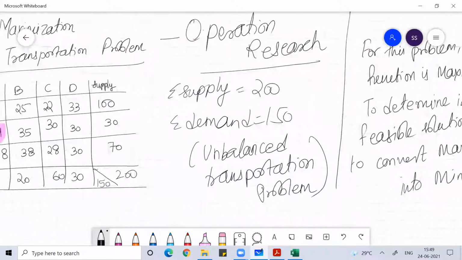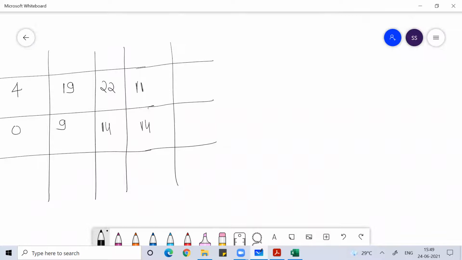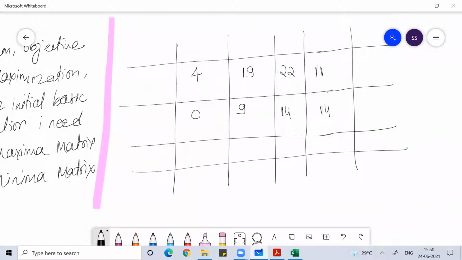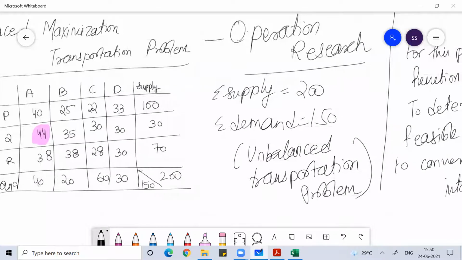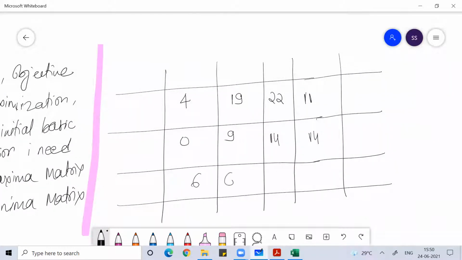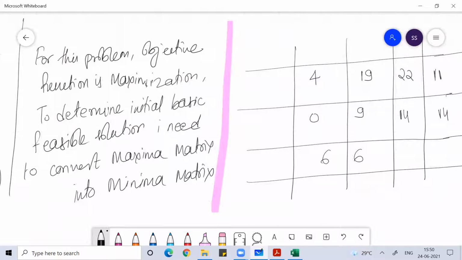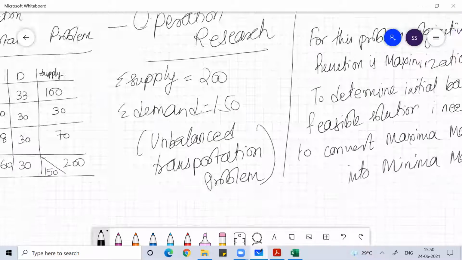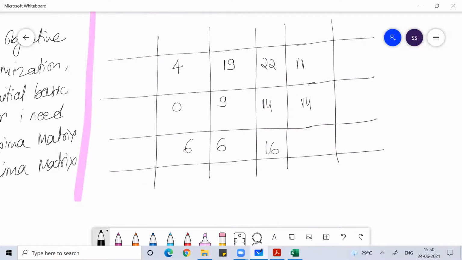Then 44 minus 38 is 6. Then 16. Then 44 minus 30 is 14. You have to do it this way. Now you have converted this matrix into a minimal matrix.